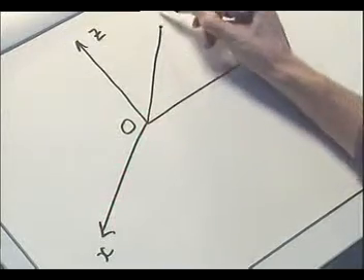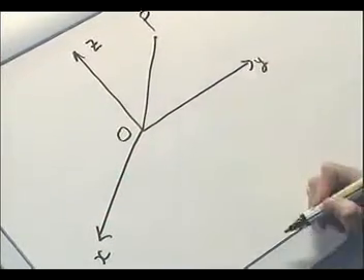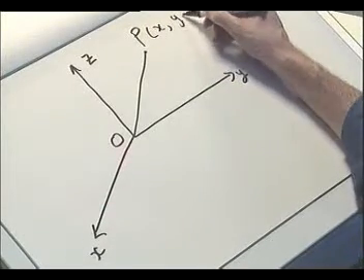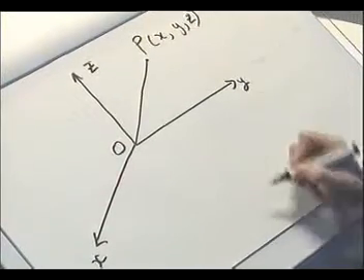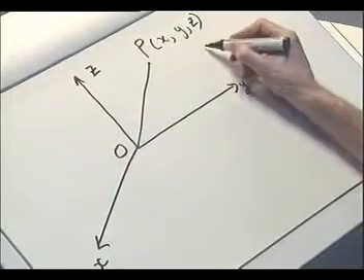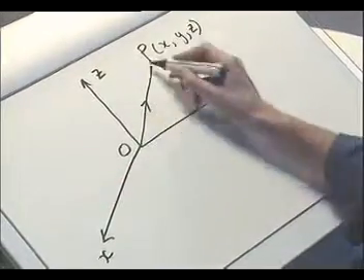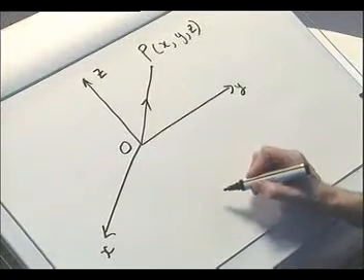And what we're interested in is this point P. It's got coordinates x, y, and z, and its position vector is that line segment OP.